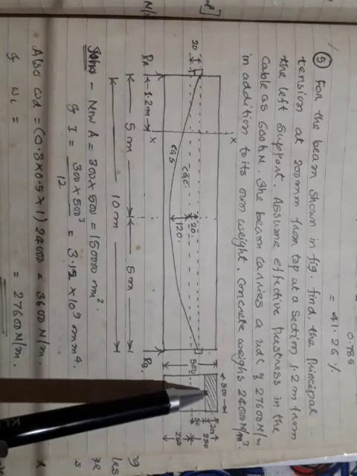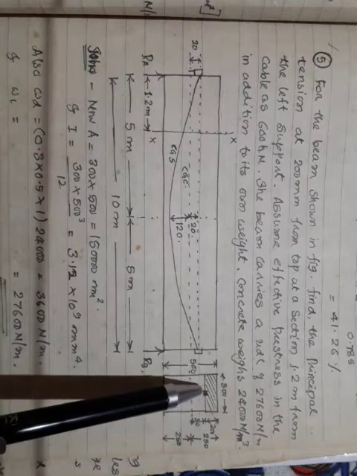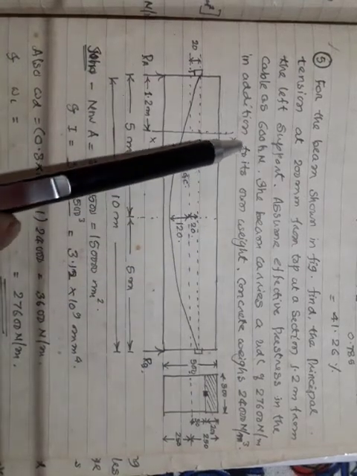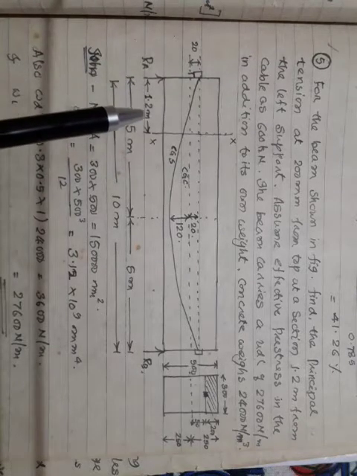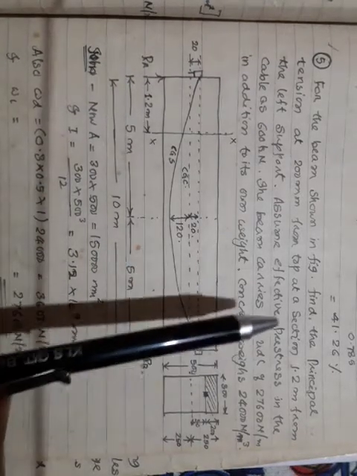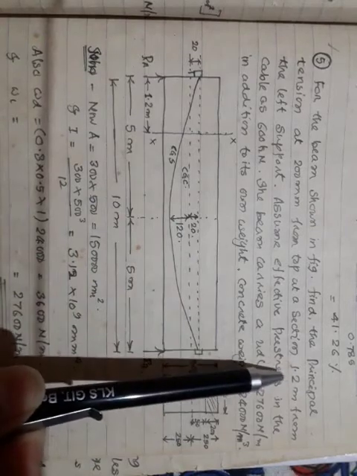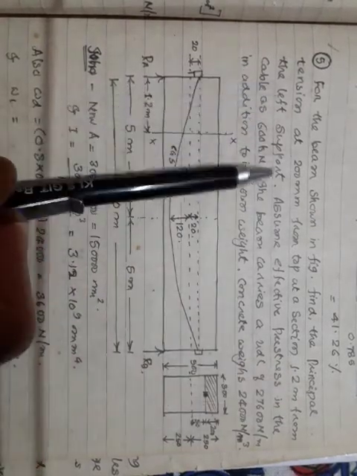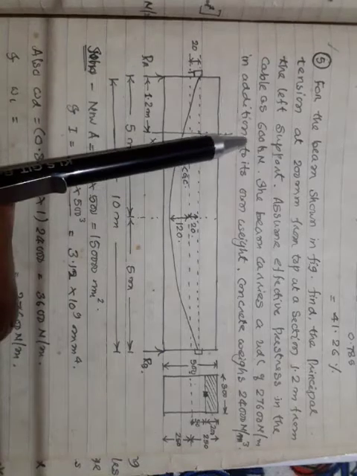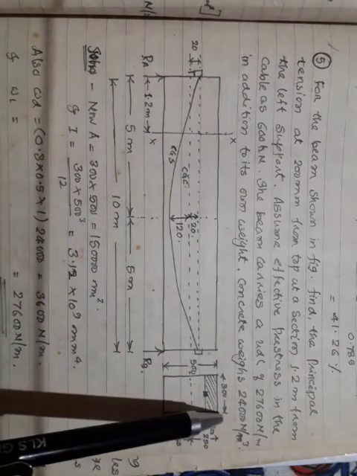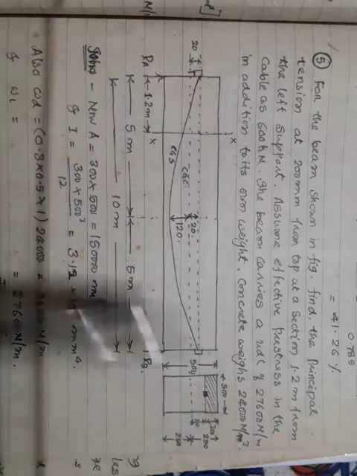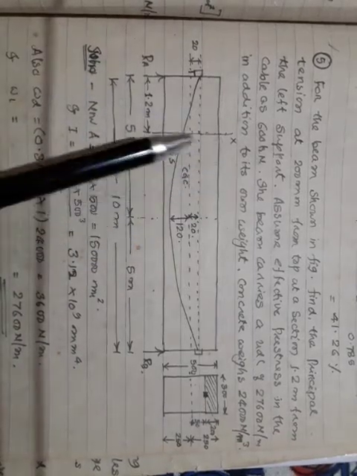Here you have to find the principal tension at a section XX which lies at a distance of 1.2 meter from the left support. At this cross section, the element is at a distance of 200 mm from the top. I hope you understood it.